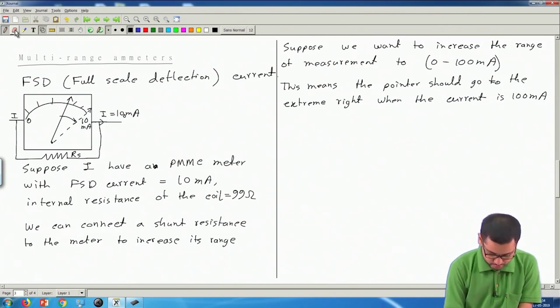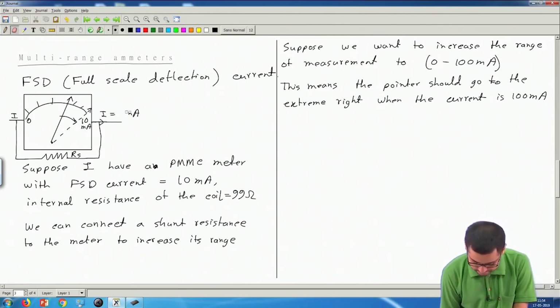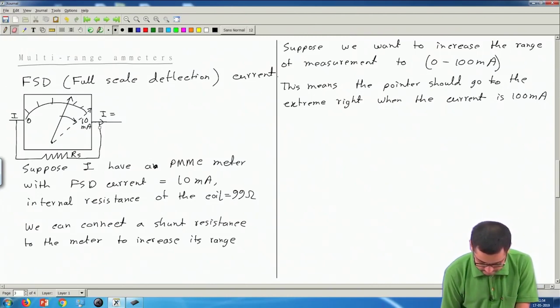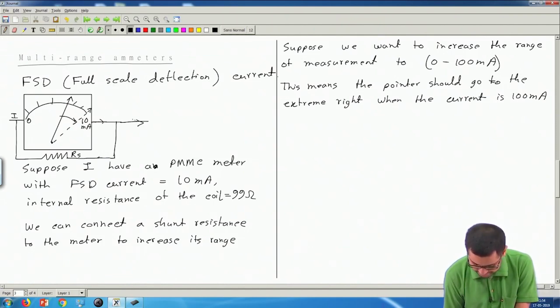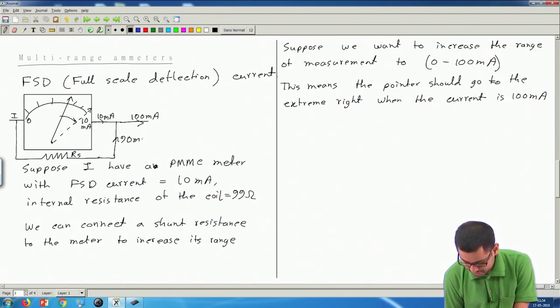So here the total current will be 100 milliampere, but only 10 milliampere is flowing through the meter and the remaining 90 milliampere should flow through this parallel path.